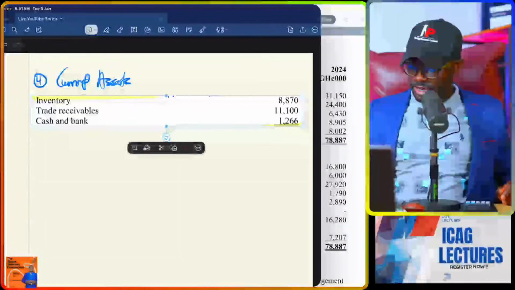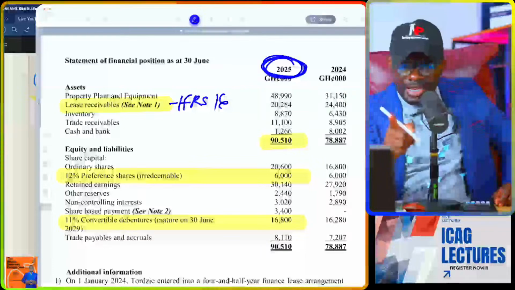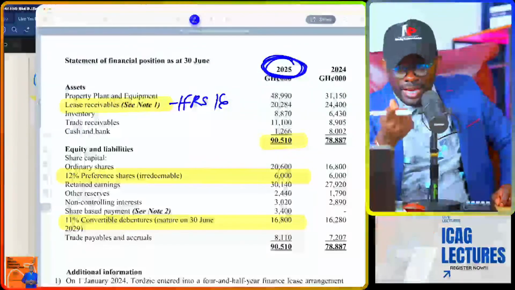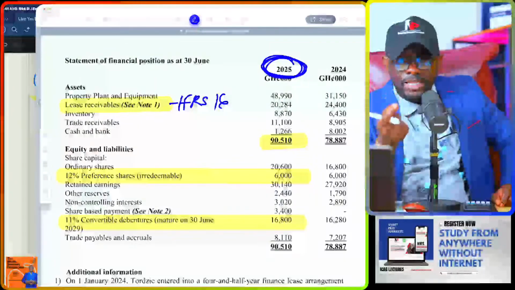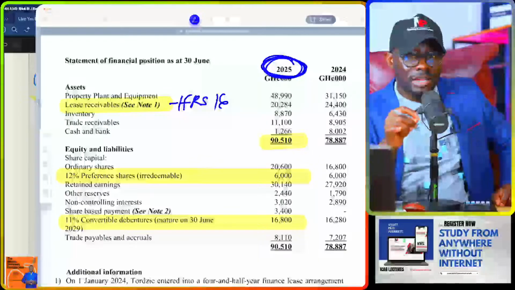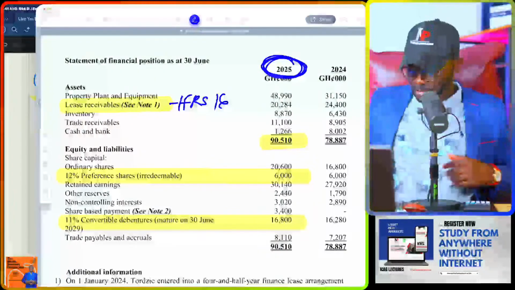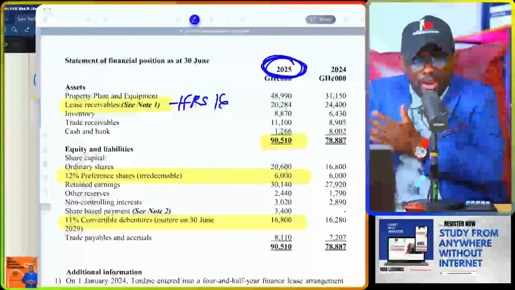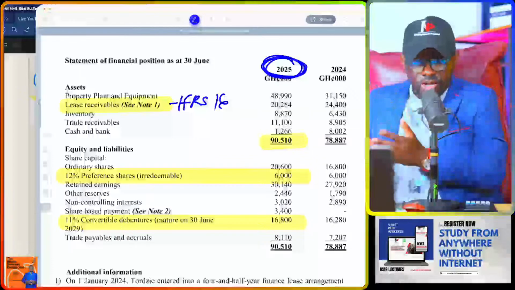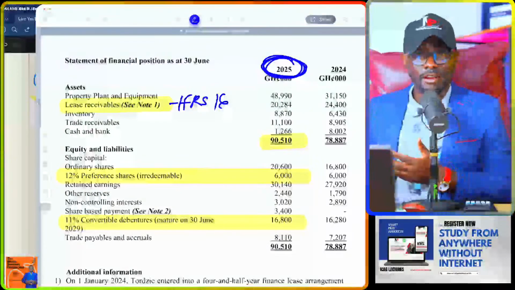But we are not done, because the lease receivable, if you're a good student of IFRS 16 lessor accounting, must be split between current and non-current. So the current component of the lease receivable must be included in current assets.